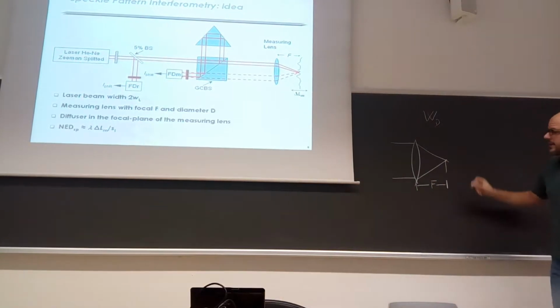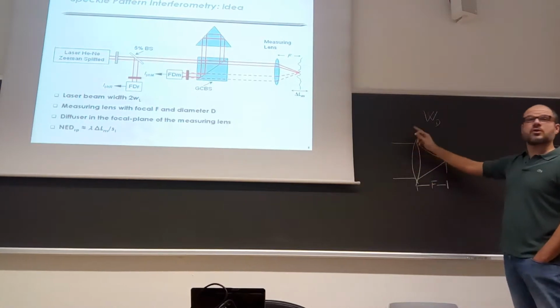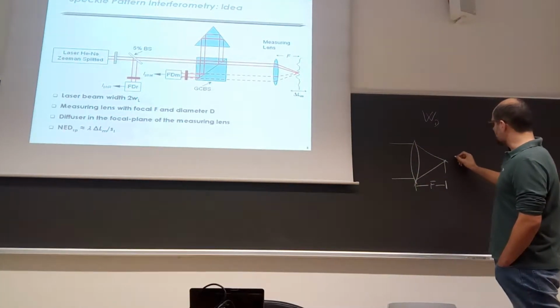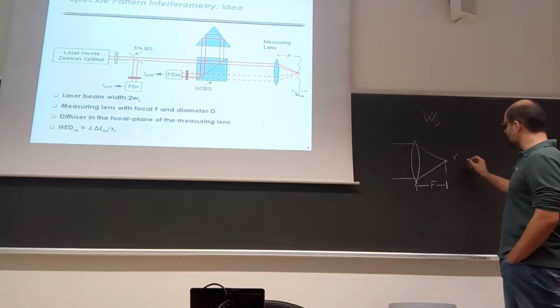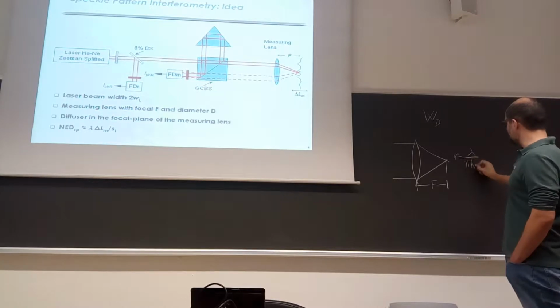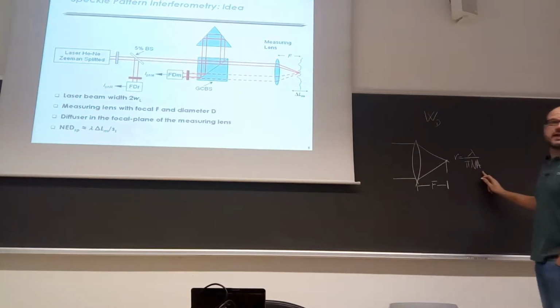The radius in the spot, if you use all the lens, let's call it R, was given by the wavelength divided by pi and divided by the numerical aperture of the lens.